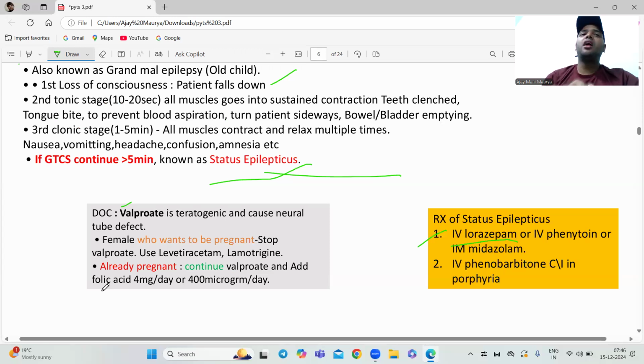If the patient is already pregnant and is using valproic acid, then she has to continue the valproic acid and add folic acid. How much? It's 4 mg, 4 milligram per day.